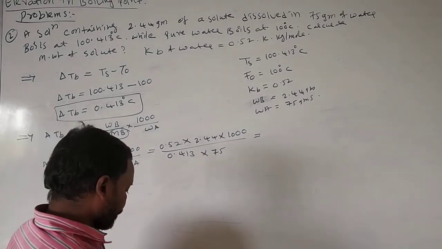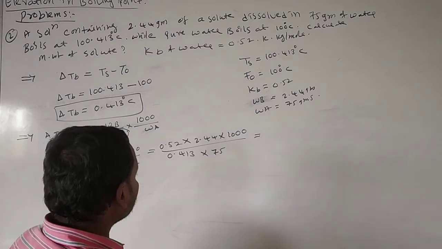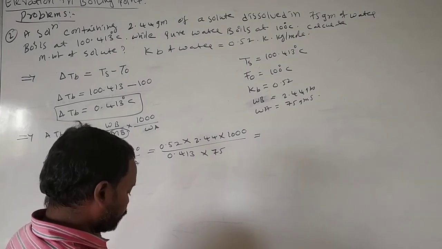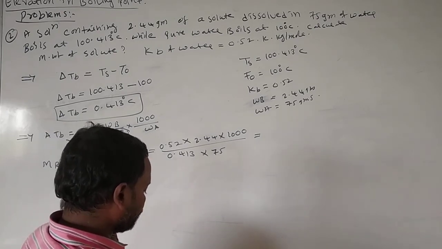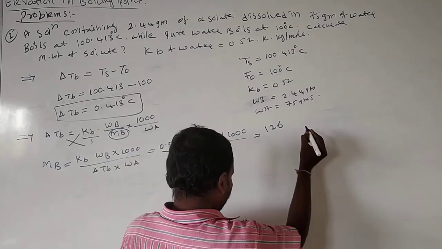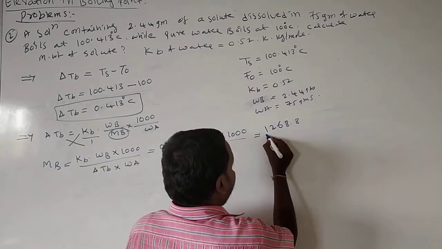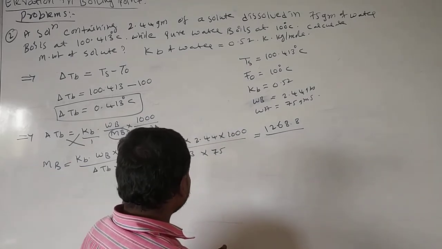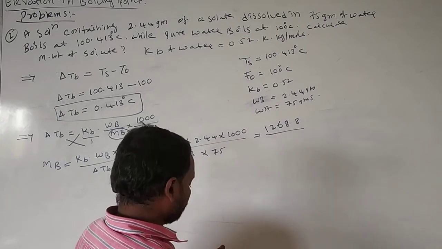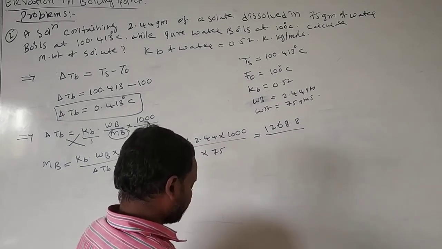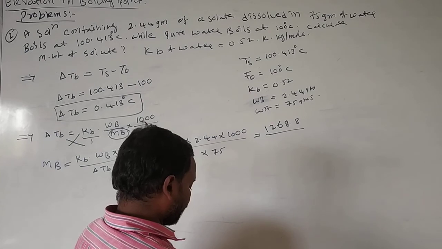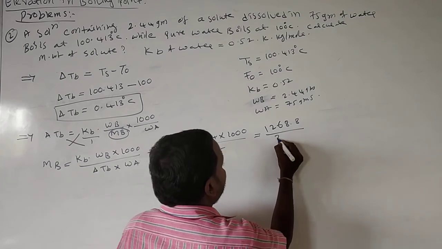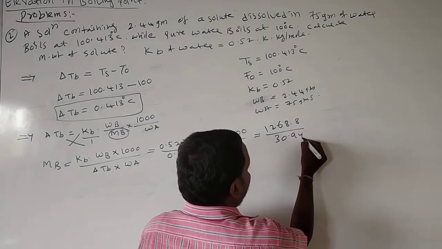See here, 0.52 into 2.44 into 1000 is 1268.8, by 0.413 into 75, which is 30.975.